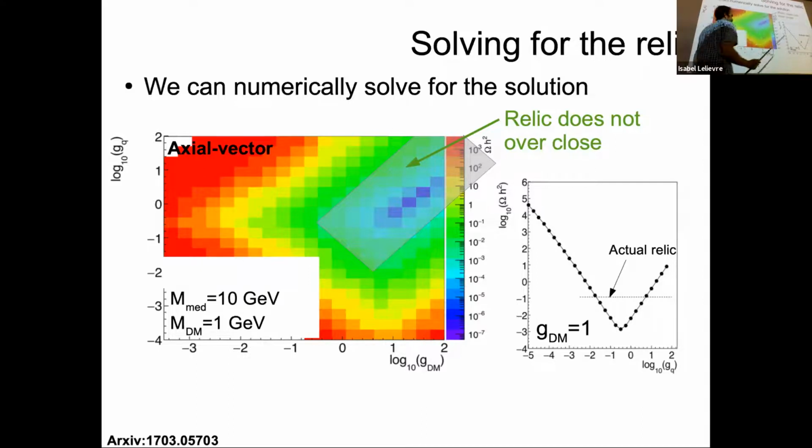And this minimum can be a driver for our sensitivity. This minimum mediator-to-dark-matter coupling drives all of the searches that we do at the LHC, but also all of the light dark matter searches. And this minimum is going to show up in basically every plot that I show for the rest of these lectures.